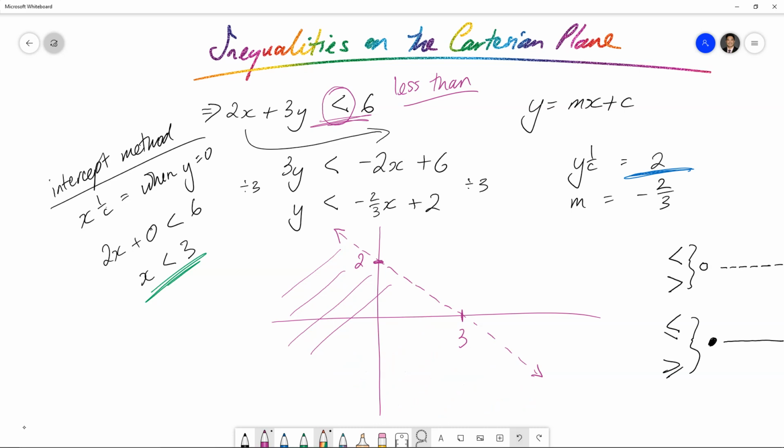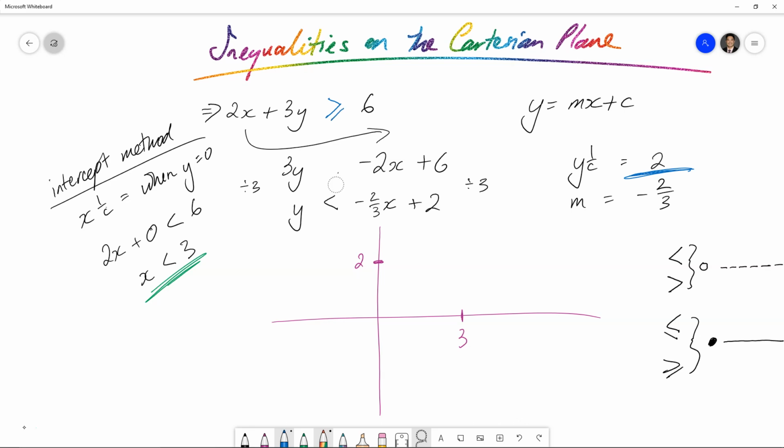If we had another scenario where we changed it to, let's say, greater than or equal to, and this is all that is different, okay?